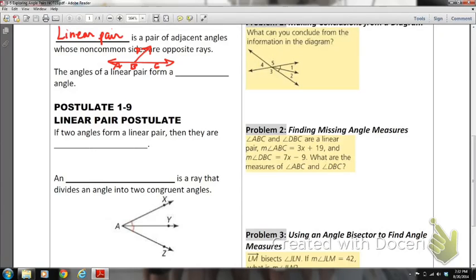The angles of a linear pair form a straight angle because they form a straight line. The linear pair postulate indicates that if two angles form a linear pair, then they are supplementary.